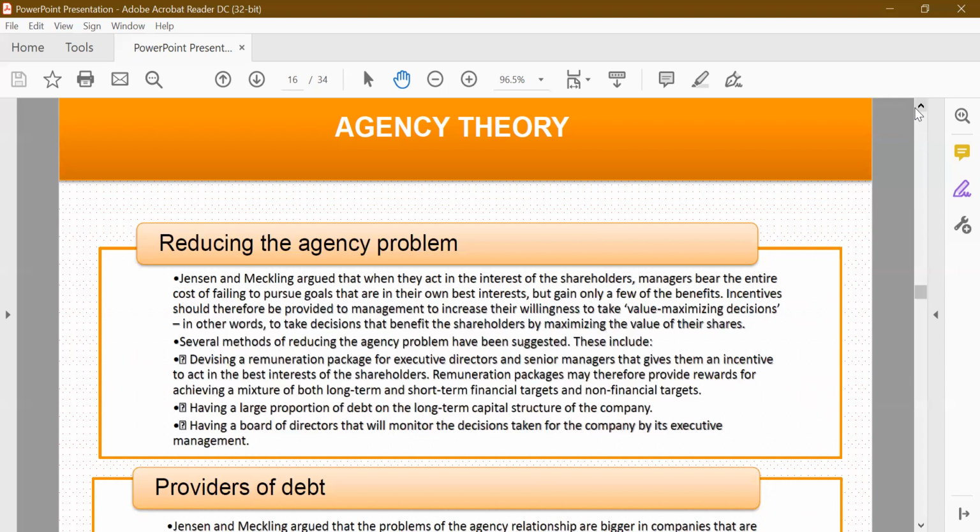Number two, having a board of directors that will monitor the decisions taken for the company by its executive management. So we can reduce the agency problem by having a board of directors. The board of directors will monitor the decisions of the executive management. This is very, very key.